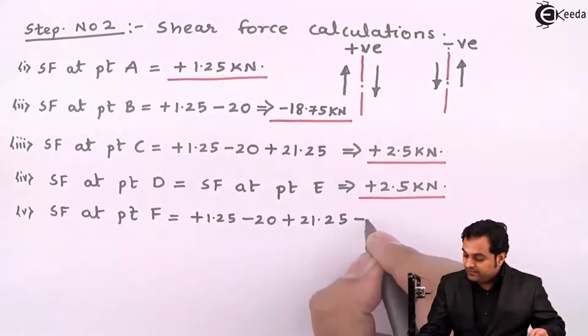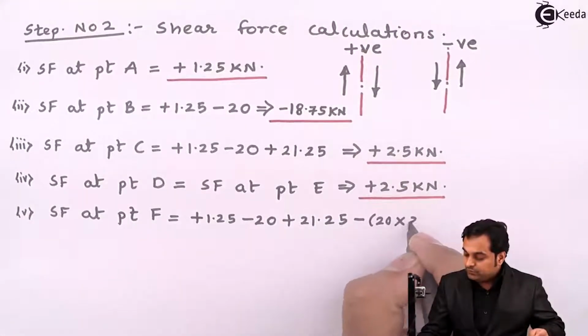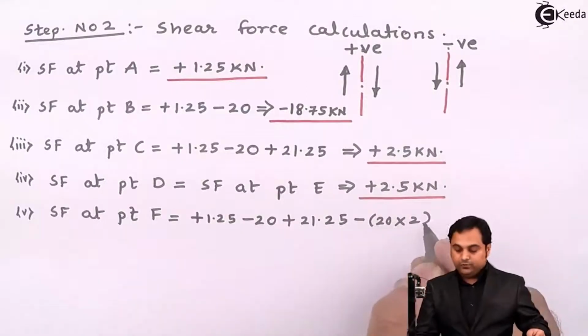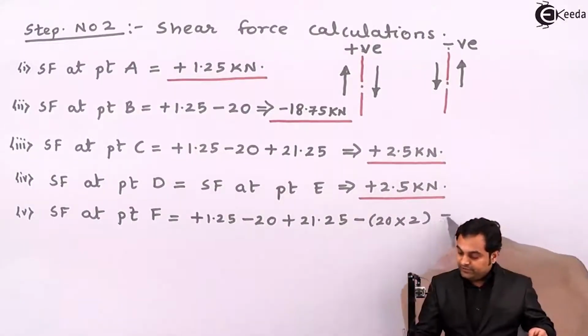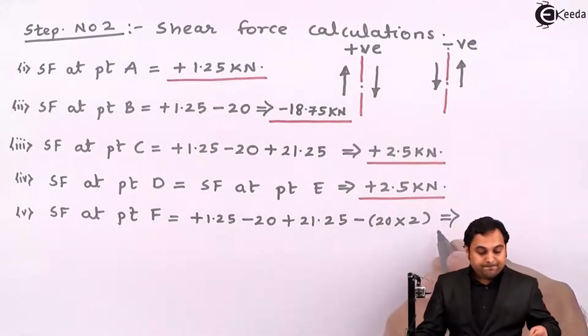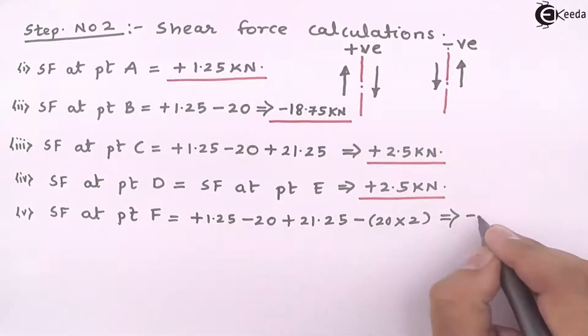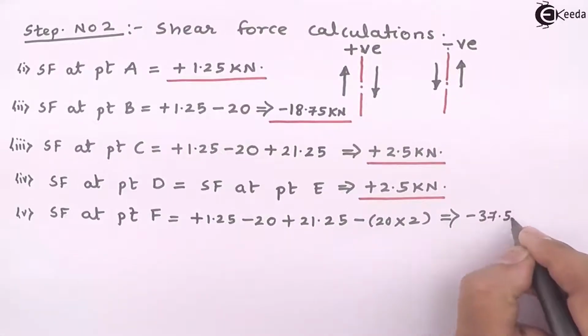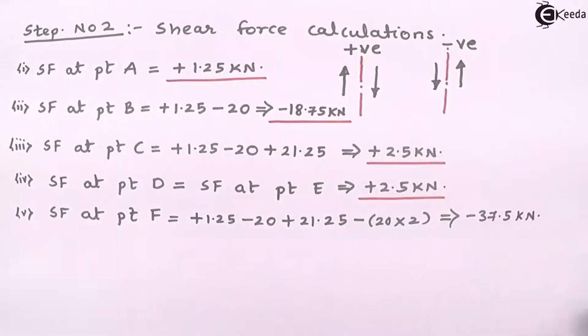So that will be minus 20 into 2. UDL I have converted into point load. So SF at point F, I will get the value as minus 37.5 kilonewton.